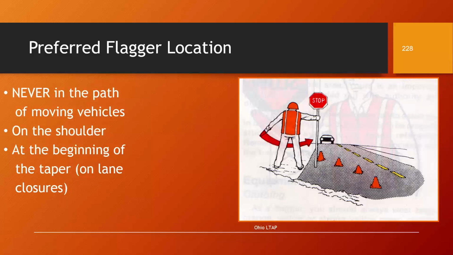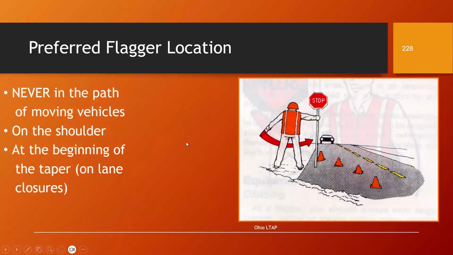So at that point, you can make eye contact with the driver of the vehicle that you have first in line there. Make sure they see you, and then you can walk out to the center line, but not beyond it, and put the stop paddle out there so oncoming traffic can see why these vehicles are stopped.